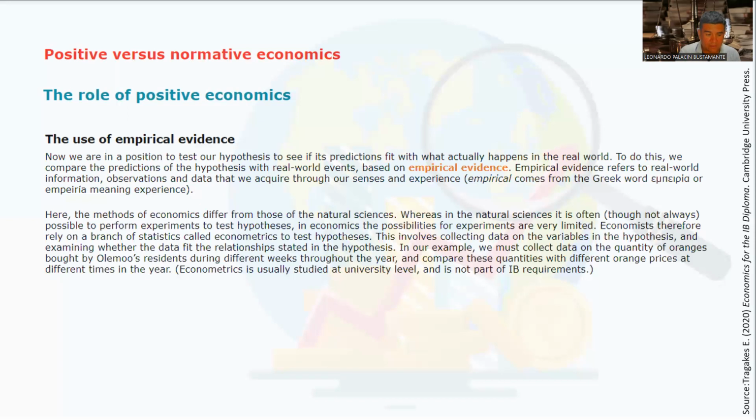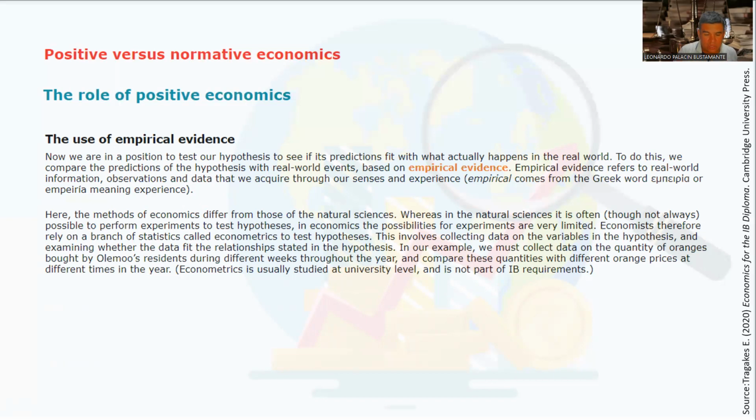Here, the methods of economics differ from those of the natural sciences. Whereas in the natural sciences, it is often, but not always, possible to perform experiments to test hypotheses, in economics, the possibilities for experiments are very limited. So economists, as a consequence, rely on a branch of statistics called econometrics to test hypotheses.